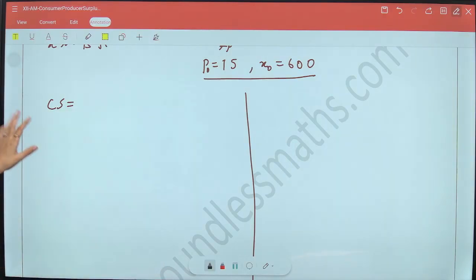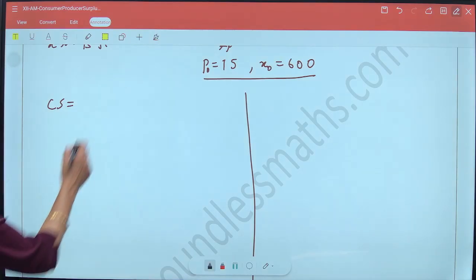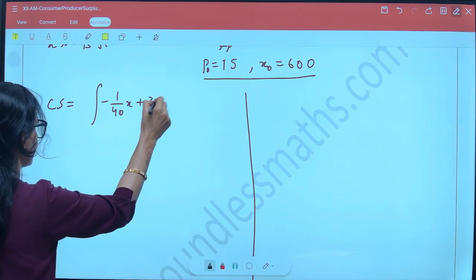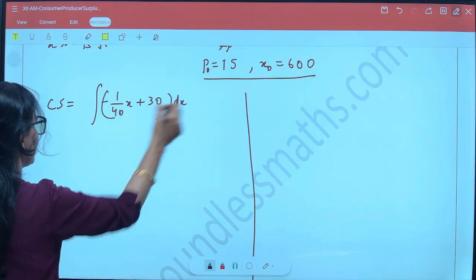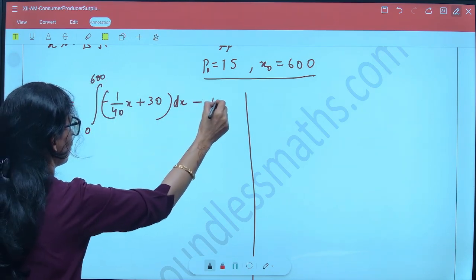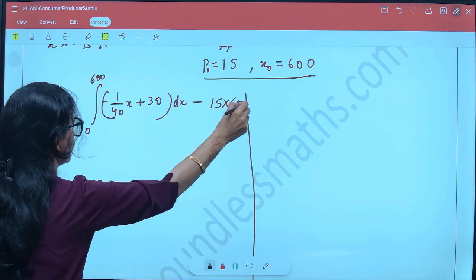So here it is the integral of the demand function, which is minus 1 by 40x plus 30 in this case. So this is the demand function that you have, and the limits are 0 to 600 minus product of price and demand.